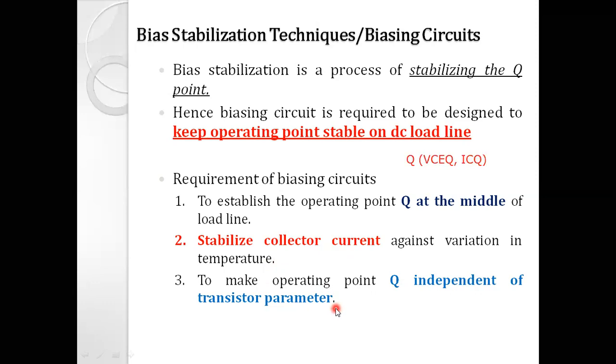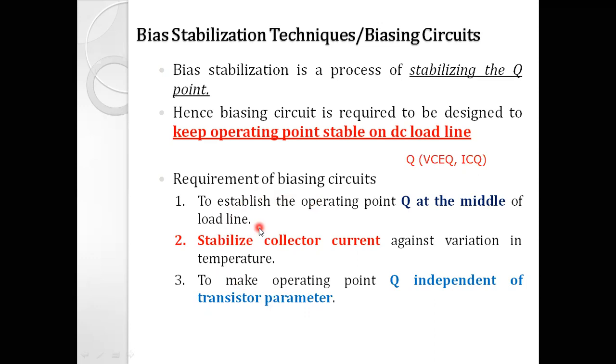So we have gone through the many transistor parameters, but we have to make sure that this value of the operating point Q, that means either IC or VCE, both of them should be independent of the other transistor parameter, right? So we can stable the operating point Q. So these are the requirements of the biasing circuit.